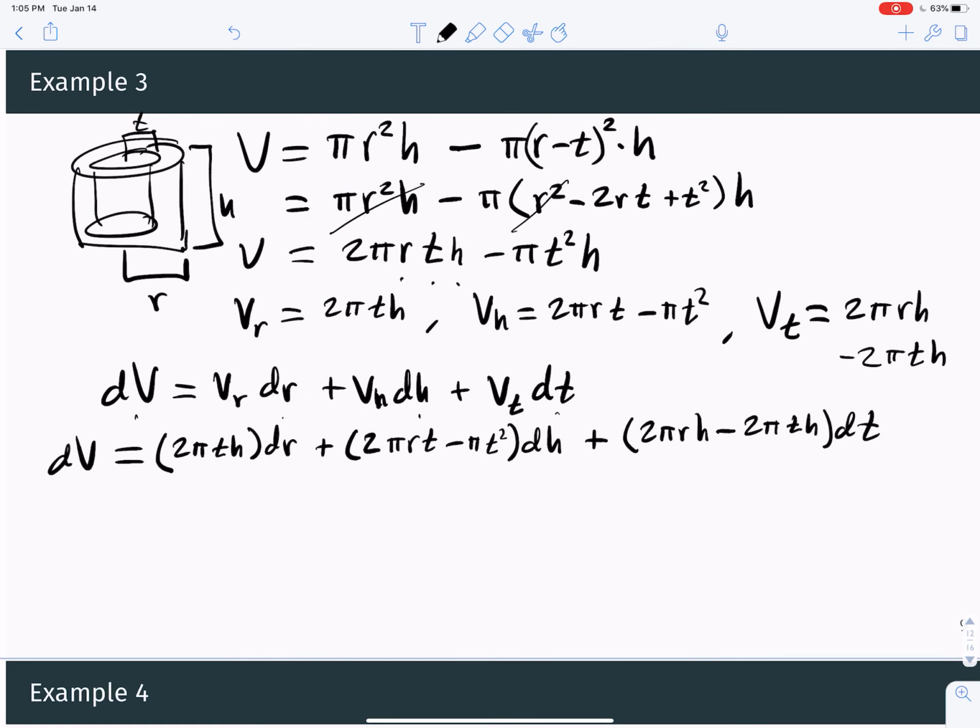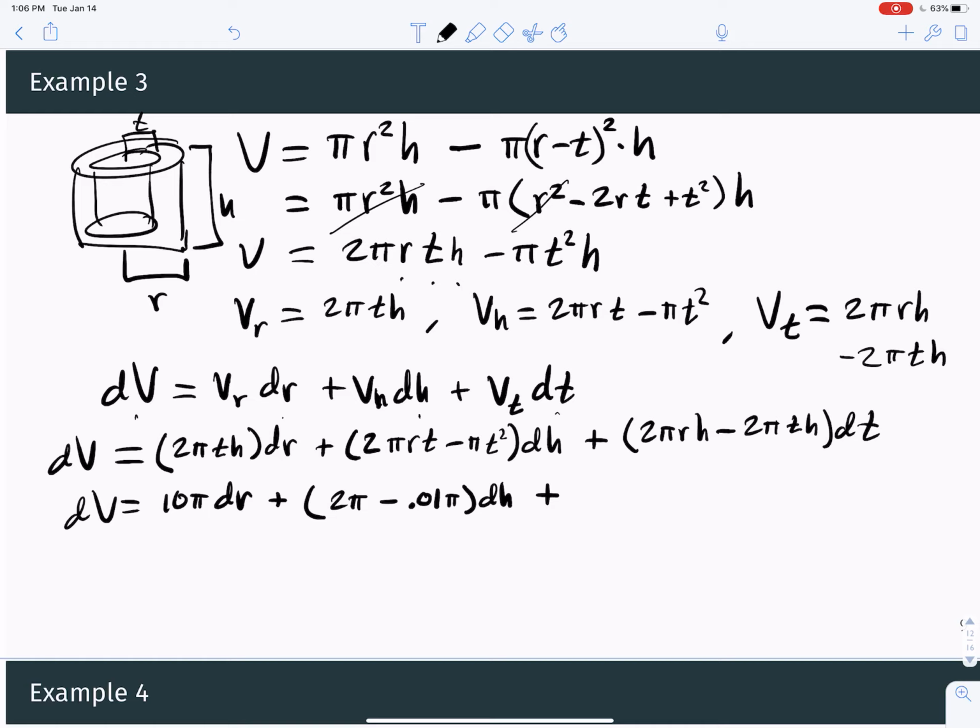And if we do that, we get, let's see, h is 50, t is 0.1, so that's 5. So this is going to be 10 pi dr. R is 10, t is 0.1, so they cancel, so that's just 2 pi minus 0.01 pi, I guess, dh.